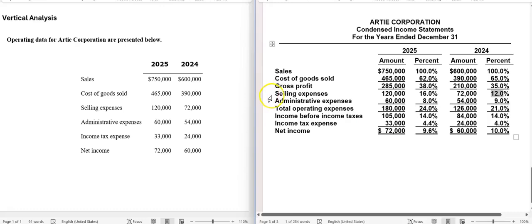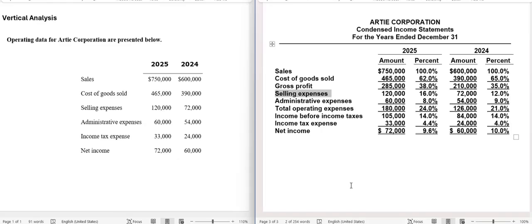So this might be an area for us to start asking questions, right? Go to the selling department and figure out, why are we spending more in the selling department to sell our inventory than we did in the past? Is it necessarily a problem? Not necessarily, but it could be indicative of, maybe you guys aren't doing a good job in the selling department of controlling your costs.